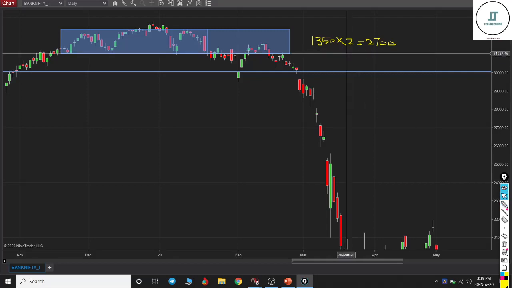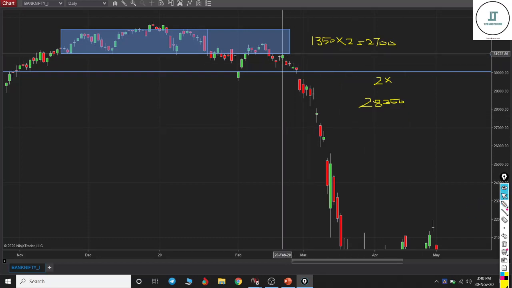From 31,050 we need to now deduct 2,700. It comes to a rough figure of 28,350. If price comes till 28,350, our 2x rule gets satisfied. Now look at this.